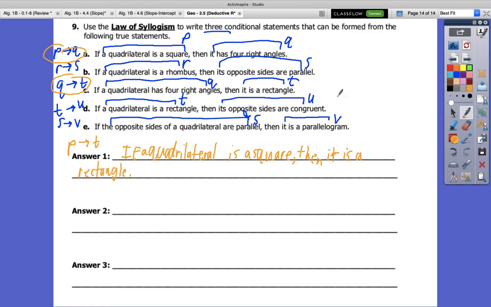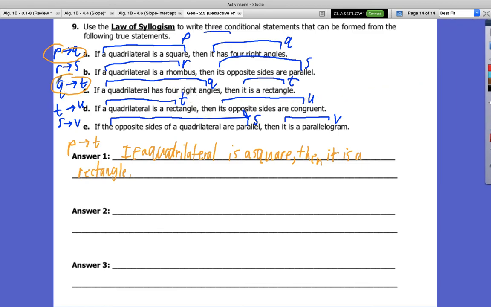Let me switch to a different color here for another conclusion we could make. You might notice if Q then T, and if T then U. The T is the conclusion of the first and the hypothesis of the second one. We could line those up and say, hey, if Q, then U. So if a quadrilateral has 4 right angles, then its opposite sides are congruent.